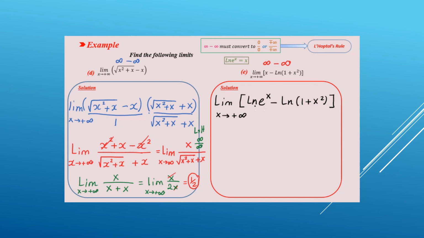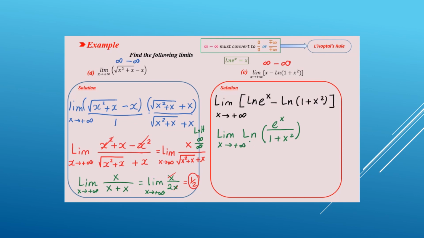And since we have ln minus ln, you have to write it as a single logarithm like this: limit of ln e to the x divided by 1 plus x squared when x goes to positive infinity.